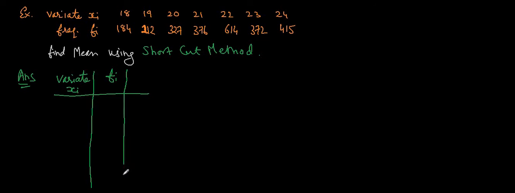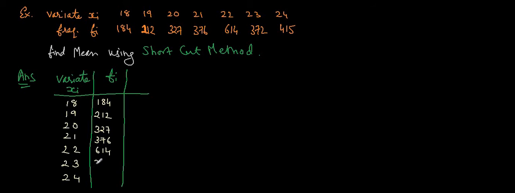The variate is 18, 19, 20, 21, 22, 23 and 24. The frequency is given as 184, 212, 327, 376, 614, 372 and 415.